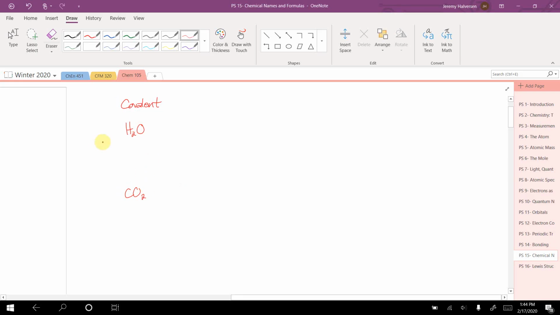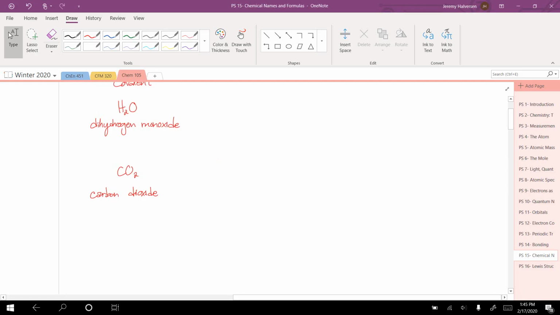But the nerdy name, the official name, would be dihydrogen monoxide. And then CO2 we know as carbon dioxide. So in these two molecules we have all the information we need about covalent naming.